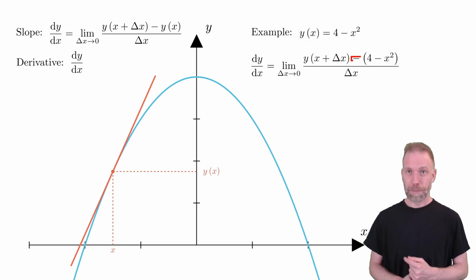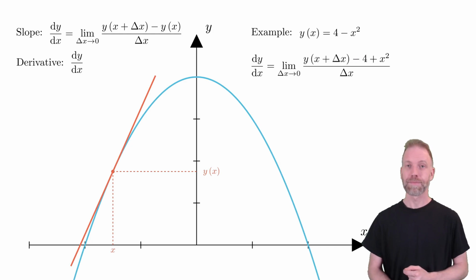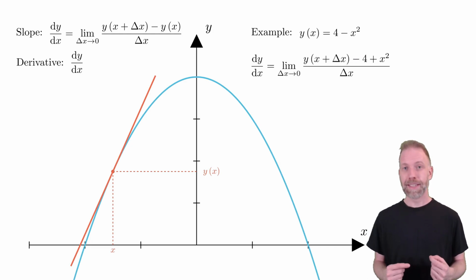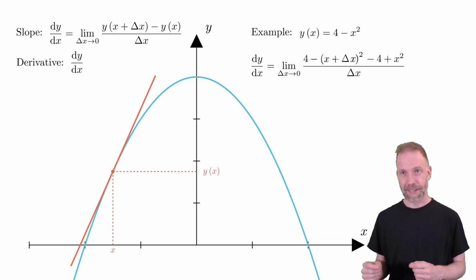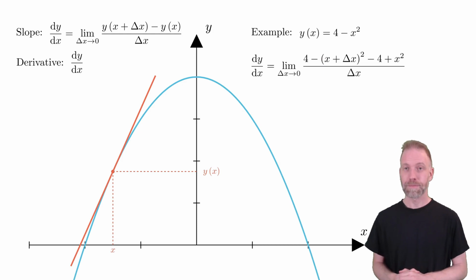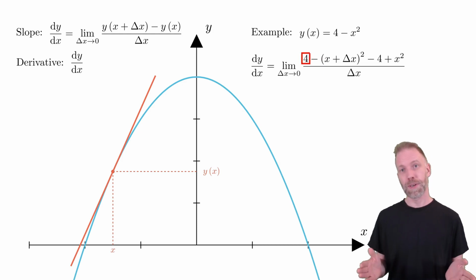And simplify by placing the minus inside the parentheses. Next, we replace the expression for y of x plus delta x. Note that we have to write x plus delta x everywhere where it's written x in the function. And we get x plus delta x squared in the expression. The two 4's will cancel each other.